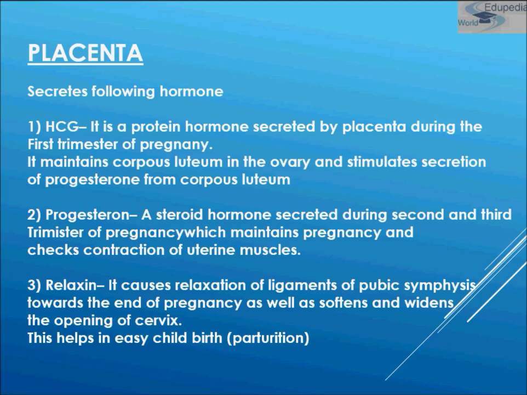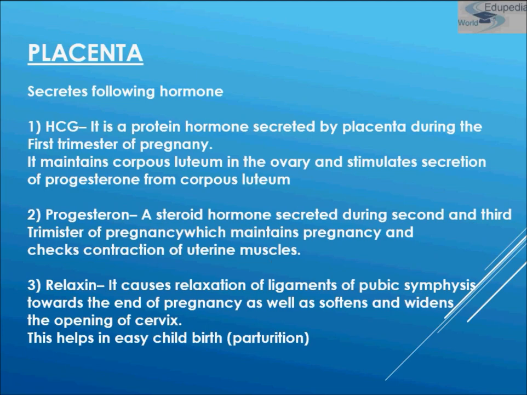Okay, now comes your progesterone. As I told you, it is a steroid hormone which is secreted during the second and third trimester of pregnancy, which maintains pregnancy and checks contraction of the uterine muscles.